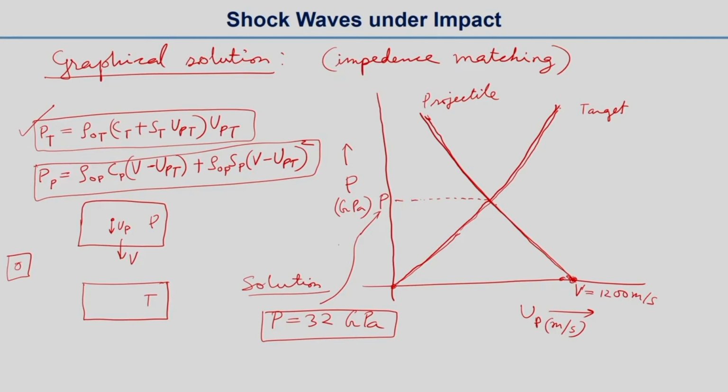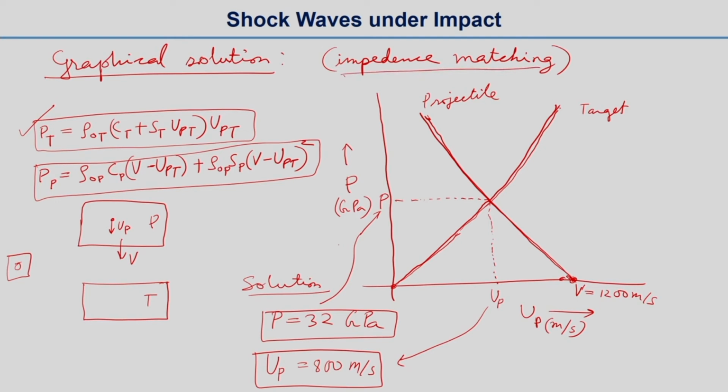From these two conditions, what we get is P is 32 gigapascal, and UP, whatever we found, will be around 800 meter per second. We got like 805 meter per second. This is because our conditions were earlier that the pressure and the particle velocity will be the same in the projectile and target. So, this is the graphical solution, or impedance matching technique.